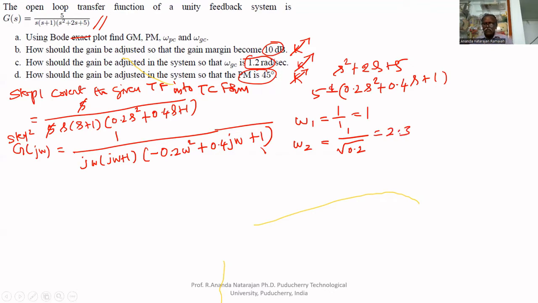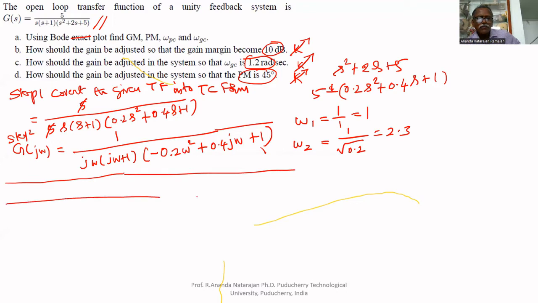So now we have to form the table. Table is serial number. First factor 1 by j omega.